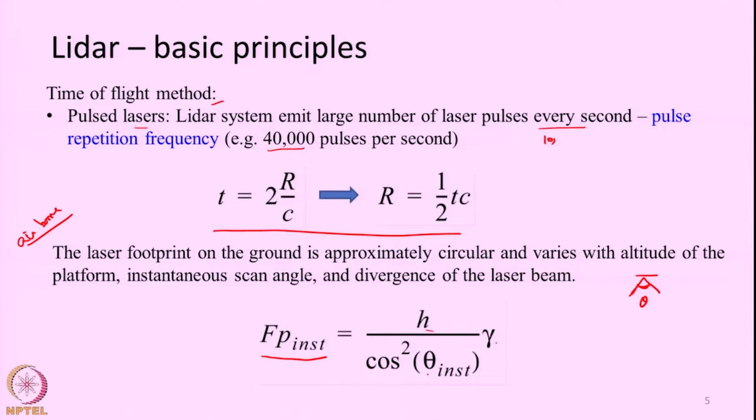So footprint, as I told, is the projection of the laser beam onto the ground. Whenever a laser beam starts, it will come down and hit the surface. So it is a projection of the beam that originated from the transmitter.